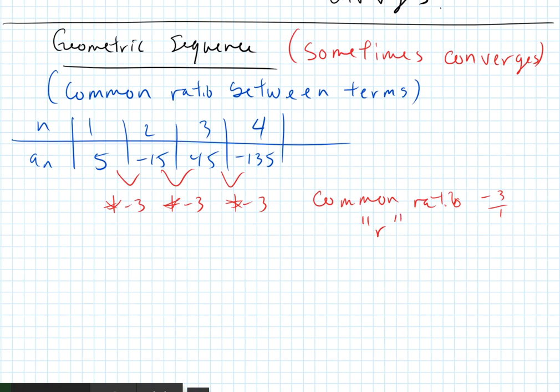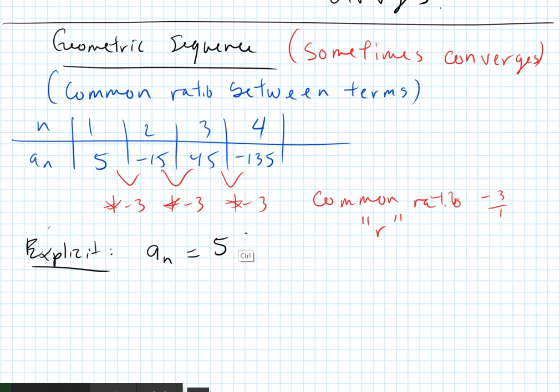Okay, so we can write this explicitly, or we could write it implicitly. The explicit form for this particular one: I have some number a sub n is going to equal 5 times negative 3 raised to the n minus 1 power, because I start with 5 for the first term.